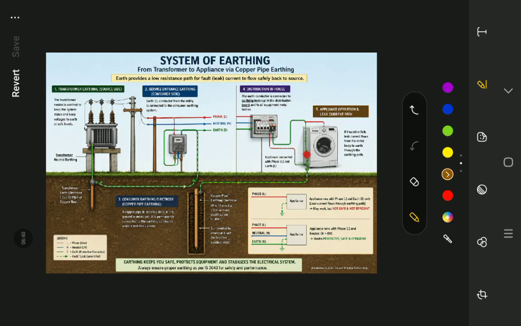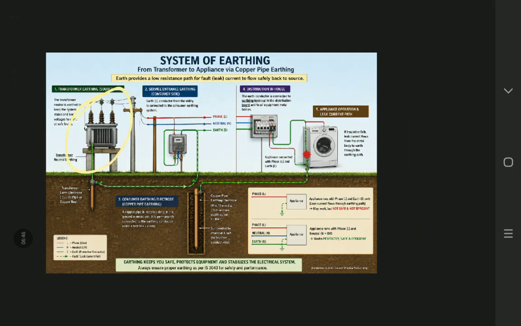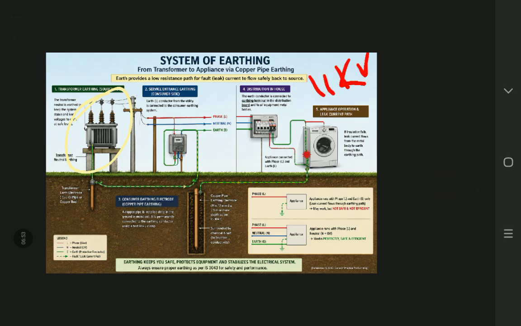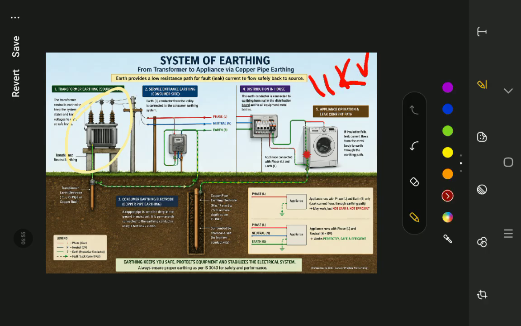The first main point starts from the transformer. As we can see, this is the transformer. The transformer input is up to 11 kilovolt, that is 11,000 volt, using 3 wires, which is the high voltage section. This transformer converts from 11 kilovolt to 3 phase 415 volt with a neutral.